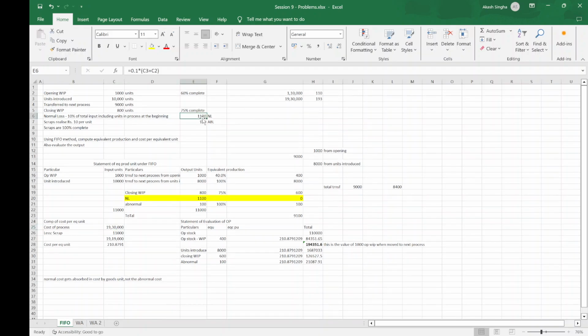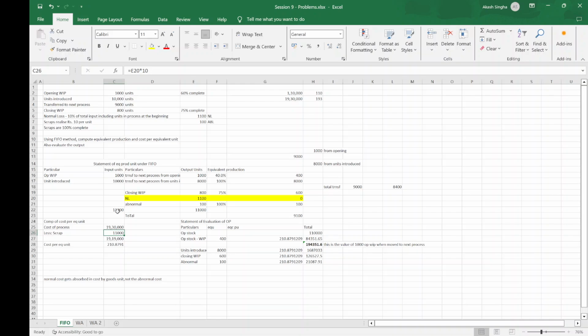So 1,100 was our normal loss, and that loss was sold at 10 rupees per unit. So 11,000 was scrap.